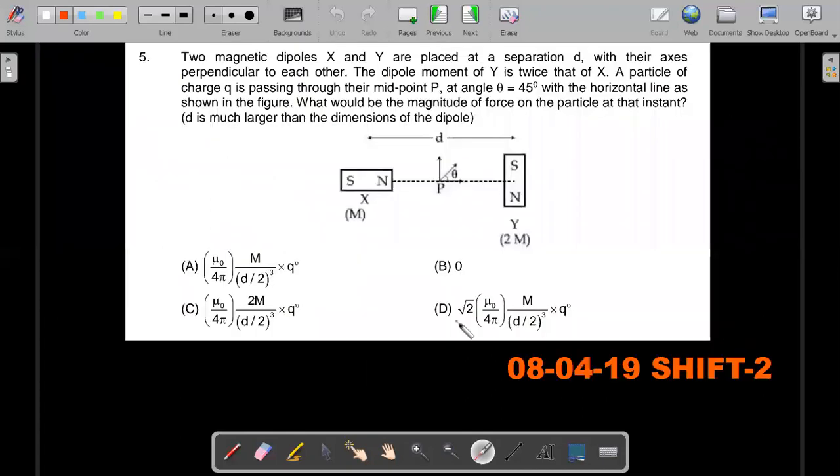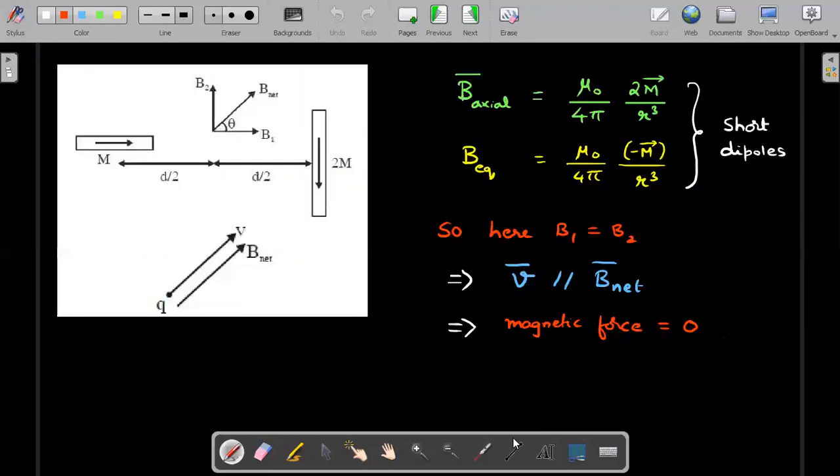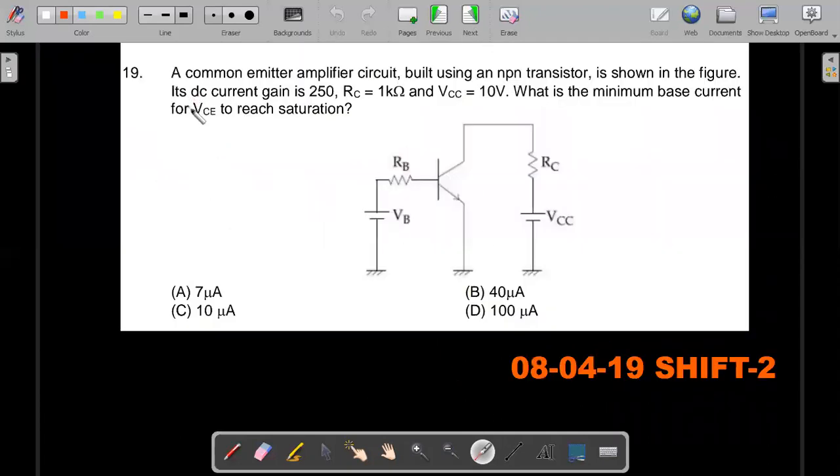So this was very simple, but you need to have a very good knowledge of the formula for short dipoles. And please don't use this formula when the dipoles are not short. In one of the past exams, they did ask for the larger dipoles also, which you should refer to your NCERT.